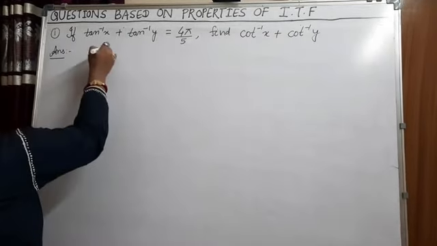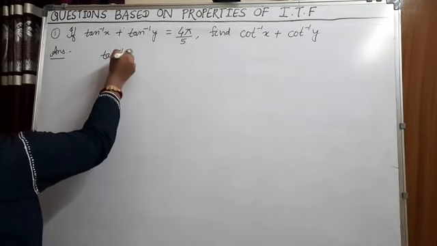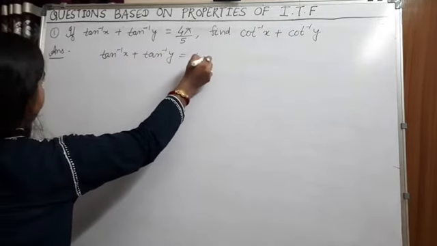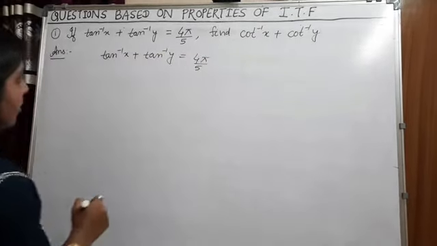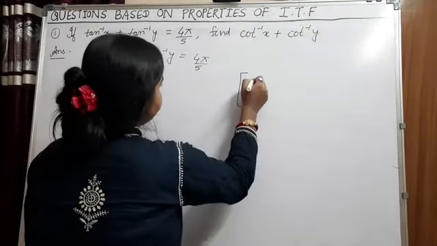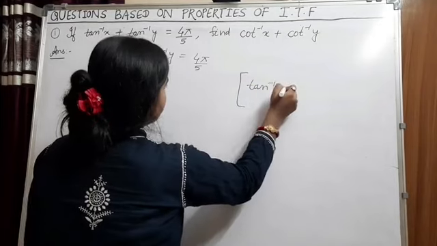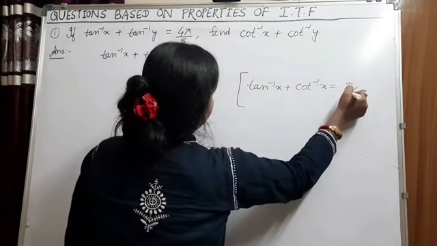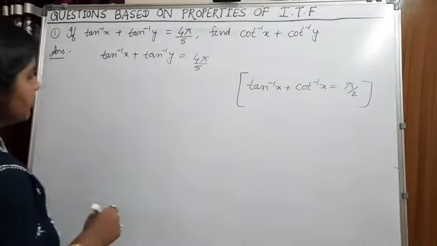So first of all, we'll write the given part, tan inverse x plus tan inverse y equals 4 pi by 5. For changing it, we have a property, that is tan inverse x plus cot inverse x equals pi by 2. So we will use this property here.